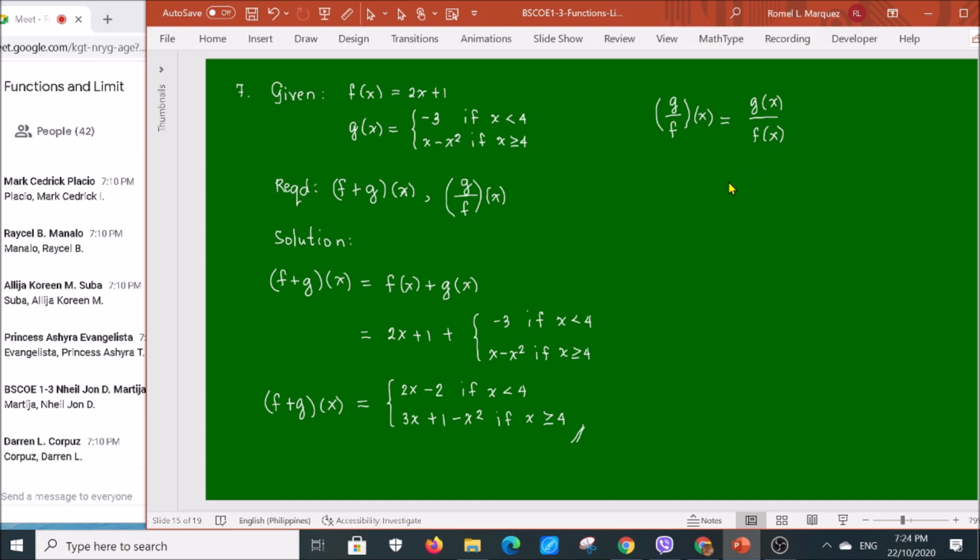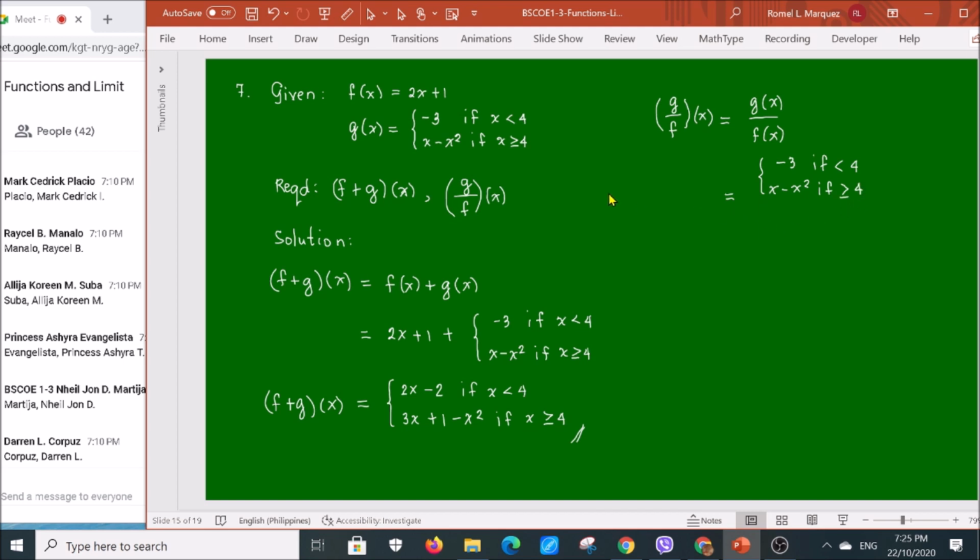G of x is equal to a piecewise. So, that is equal to negative 3 if x is less than 4, and it is x minus x squared if x is greater than or equal to 4, no?